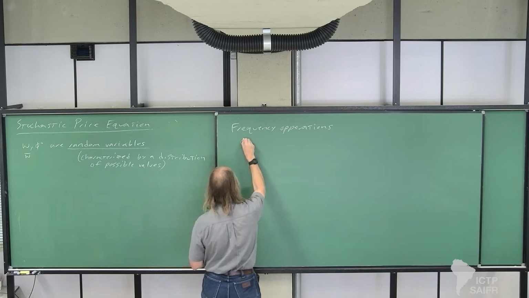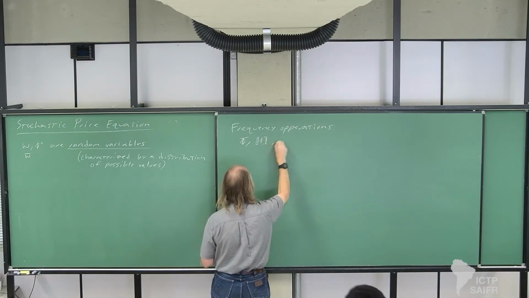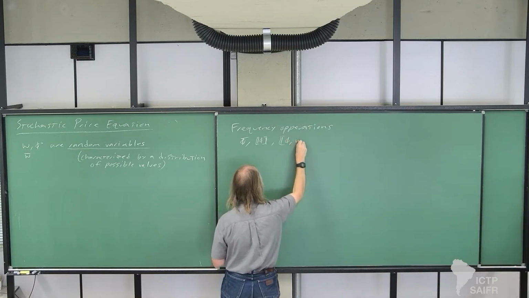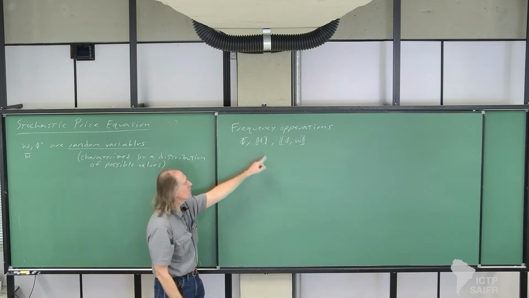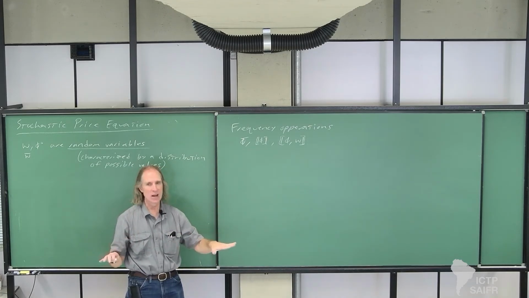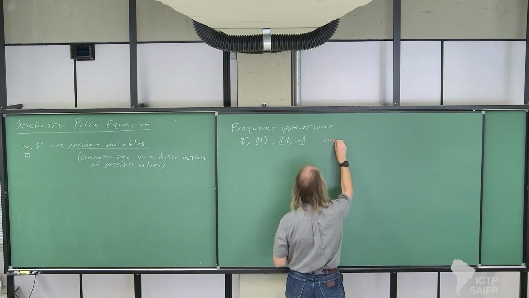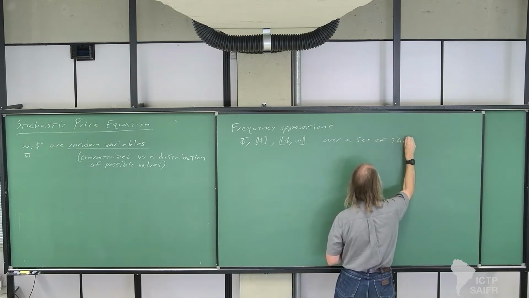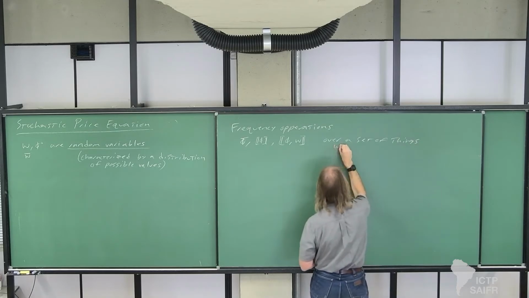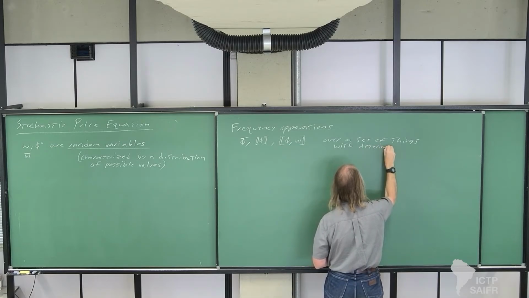Things like phi bar, variance in phenotype, covariance phenotype with fitness, with these square brackets. That means these are over a population of things that are there right now. Okay, so frequency operations are over a set of things with determinate values.